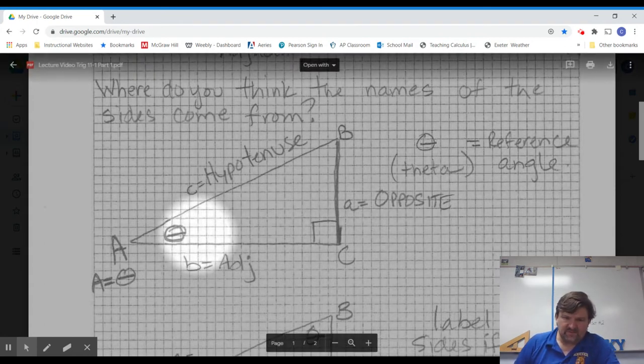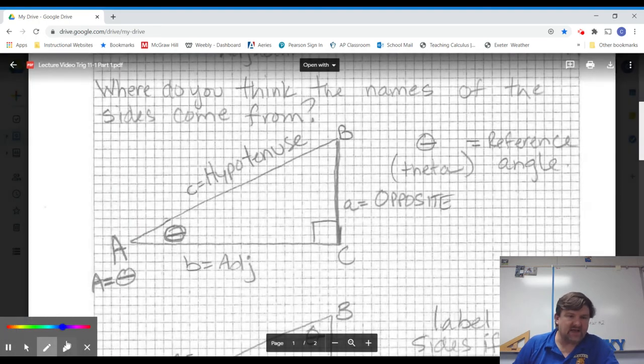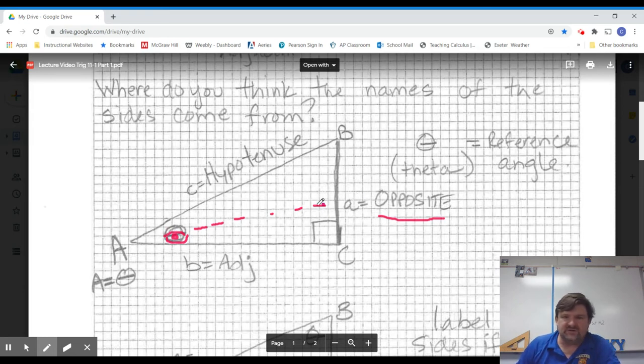What they mean by the reference angle is it's the angle from where we're looking. So this kind of looks like an eye. To help some people understand, I usually draw a little eye in there, and this eye of theta is always looking across to the opposite side. So theta and the opposite are always across from each other.